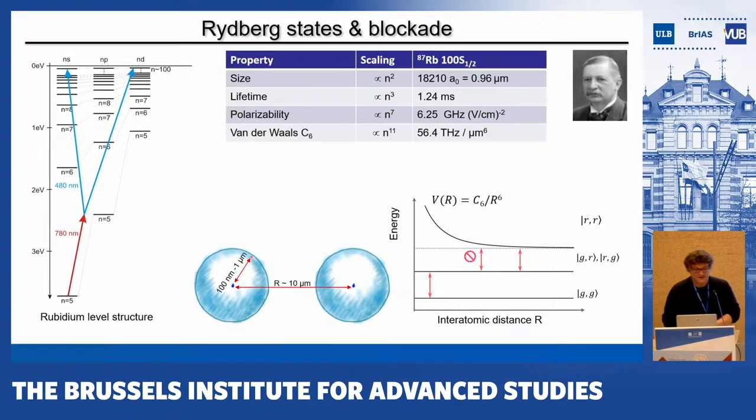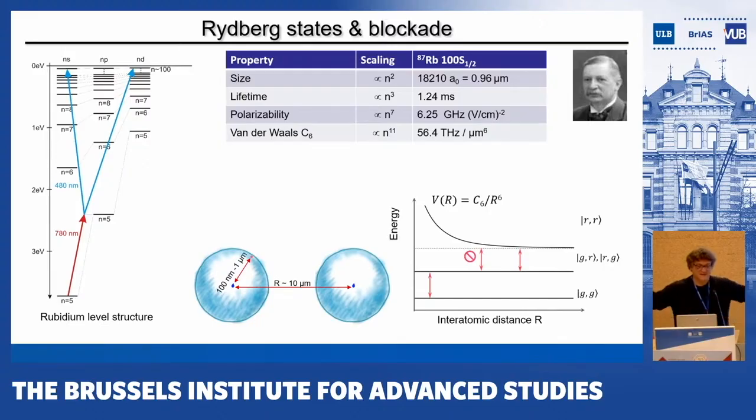And finally, to bring in the other side, I promised the Rydberg states are just the states in atoms where we have excited the electron, not just a few quantum numbers as we usually do in experiments you have seen so far, but with a second laser lift this excited electron to a very high principal quantum number, in our experiment usually something like n equal 100.